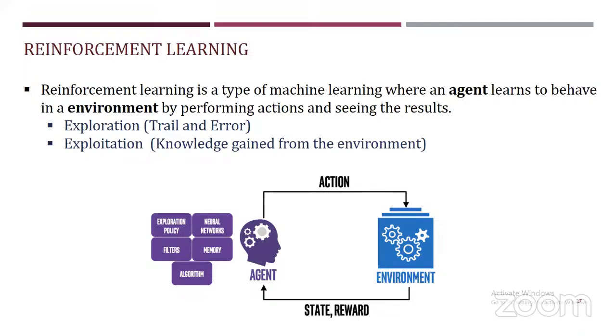And exploitation means whatever knowledge you have, you are refining it. So reinforcement learning works by searching new dimensions, along with using the knowledge which it already has. Based upon that, it is going to learn.